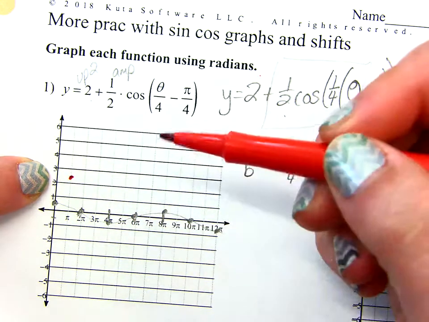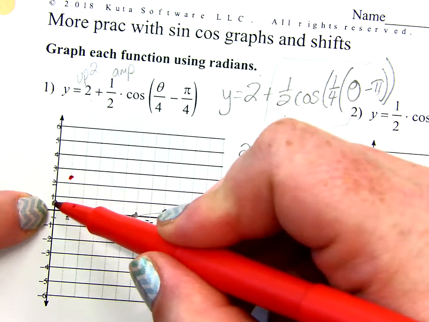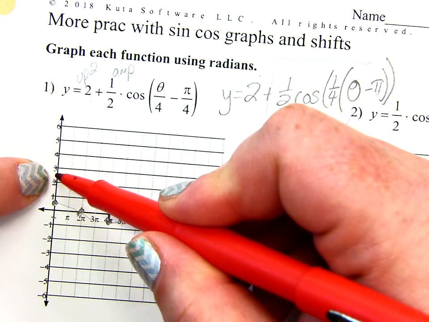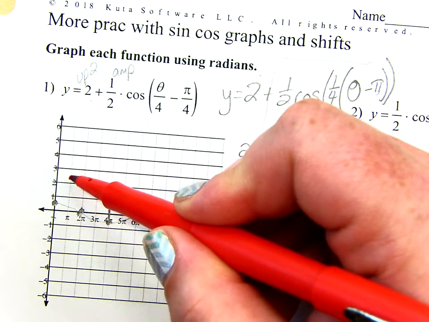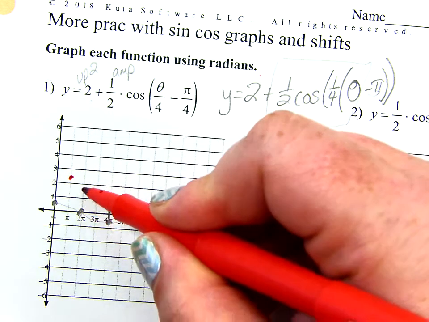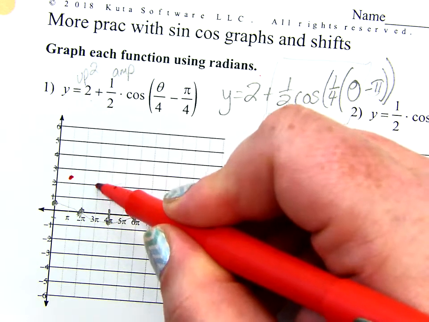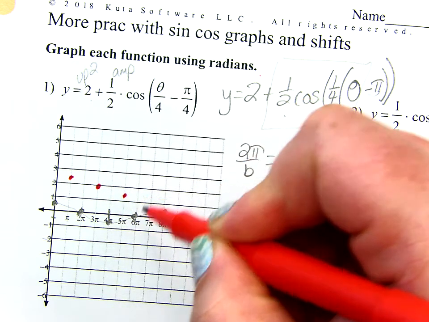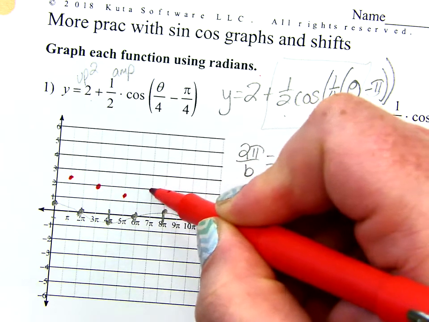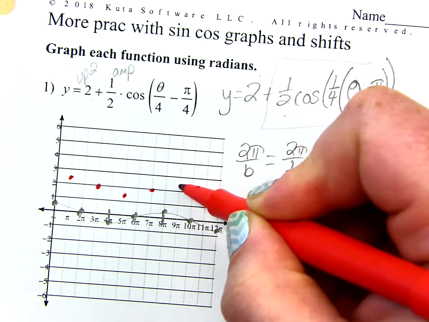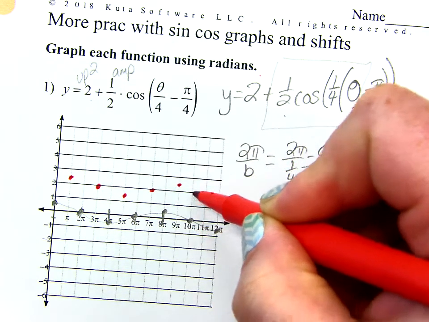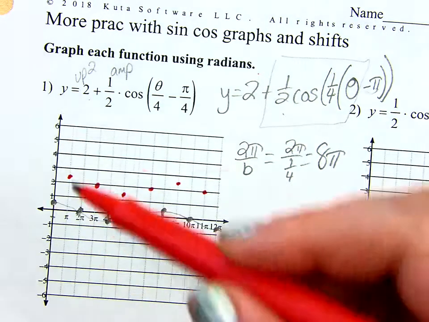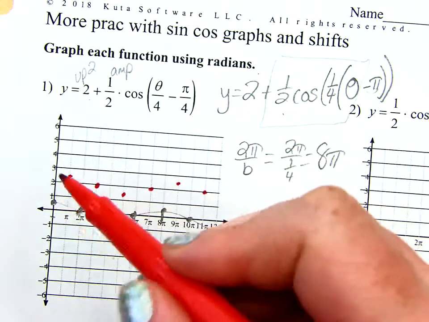Does that make sense to everybody? So that first point just went up 2 whole boxes. So now I'm at 2.5 and over 1 box. And then I do the same with all the other points. Up 2 over 1. Up 2 over 1. And there is my new graph.